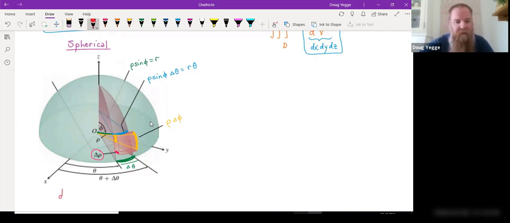Our dv in spherical coordinates is going to be, well, d rho is going to be one of those components times rho times the change in phi. That's going to be the other component times rho sine phi times the change in theta.